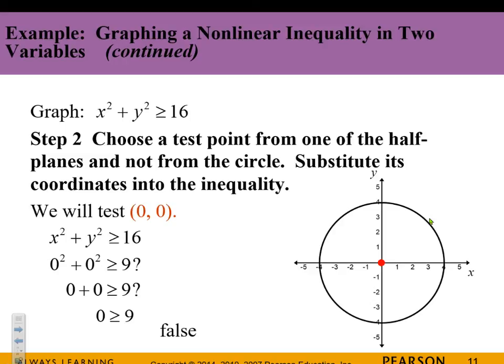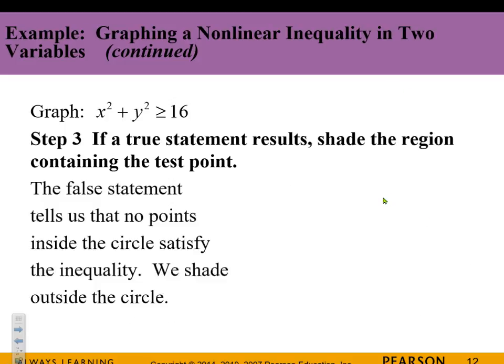It would be barely outside. You really want to pick a point that's definitely inside. As I look at it, I'm pretty sure that's outside, isn't it? Yeah, it is. It's outside the circle. But try like 2, 2. 2, 2 is definitely inside, right? All right, cool. Moving on.